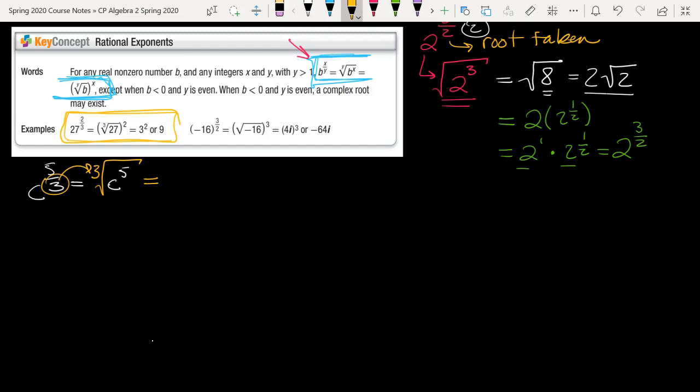We can also look at this as being c to the 5th power raised to the 1/3 power, or even c to the 1/3 power raised to the 5th power. Since it doesn't matter how we do the multiplication of the exponents, these are all going to be equivalent expressions. So whether we take the root first and then raise it to a power, or we raise it to a power and then take the root, we're going to end up with the same thing. But in any case, we're going to end up with c raised to the 5/3 power.